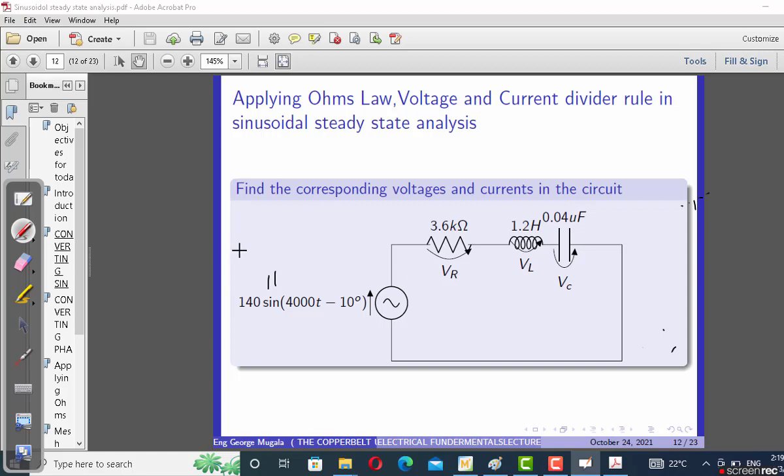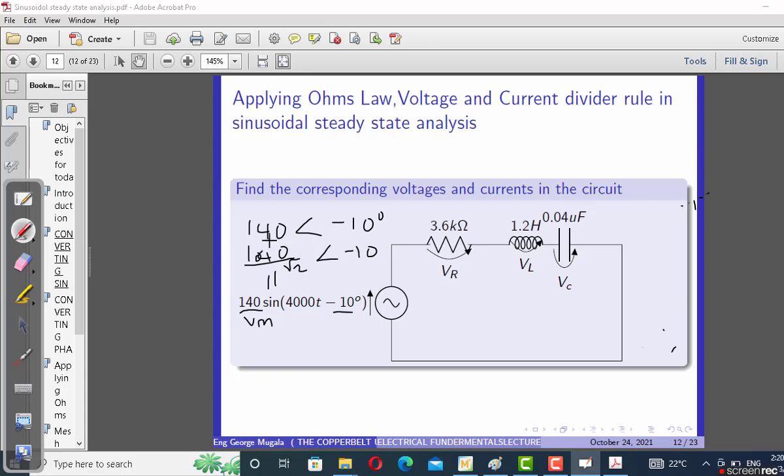Now, what is the polar format of this voltage? It's not difficult to see that this is our VM and this is our angle here. If we choose to work with amplitude values, then this is going to be 140 angle minus 10 degrees. If we choose to work with VRMS values, then it's 140 divided by root 2 angle minus 10.